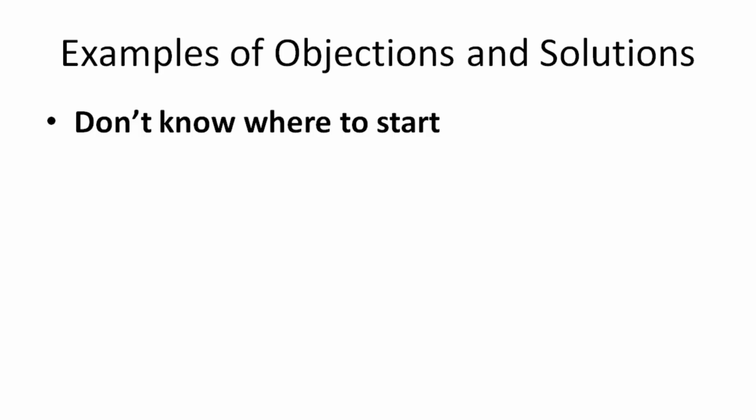Now, knowing your audience is key. Most of the people that buy your product are more likely experts, and if they don't know where to start, they might be at an advanced level. So that's why you need to know your audience really well. Don't know where to start doesn't always mean that they are newbies.